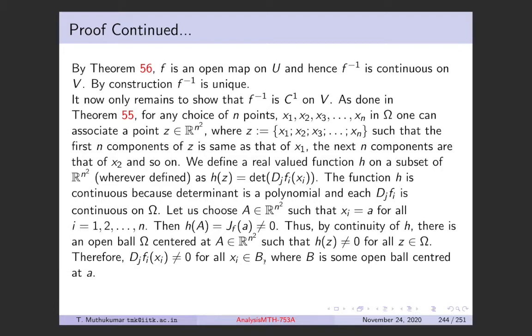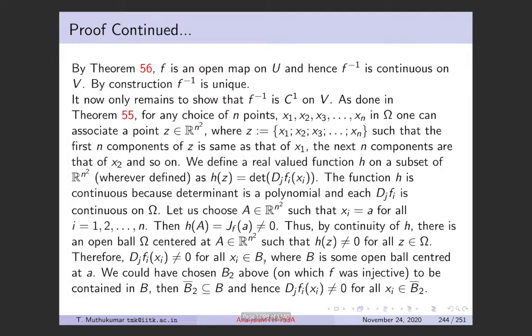In fact, you can choose it such that B2 closure is contained in B. Then we have dj fi of xi not equal to 0 for all xi in B2 closure, right? Because this is true for all xi in B, so in particular it's true for all xi in B2 closure.